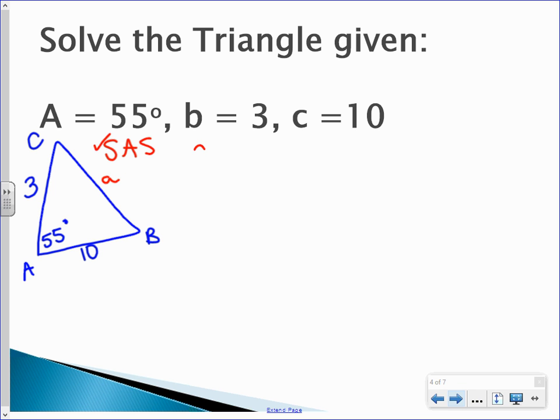So we're going to set this up. a squared equals b squared plus c squared minus 2 times b times c times the cosine of angle A. Okay, now let me pull up my calculator here.